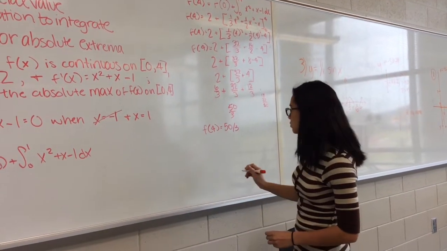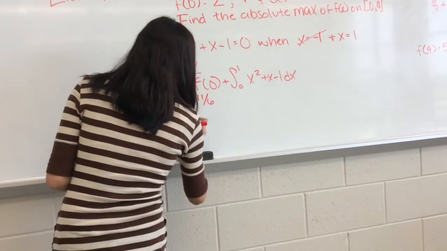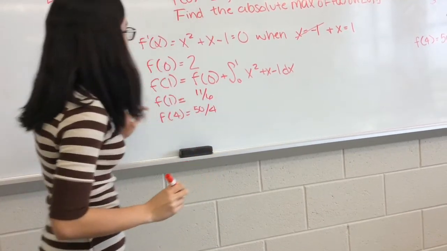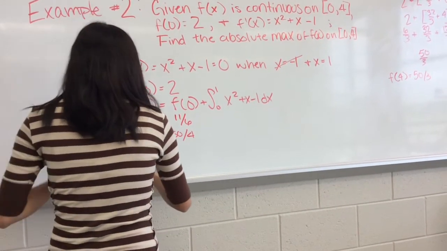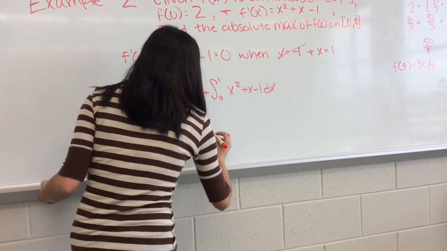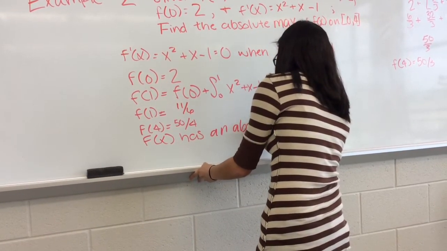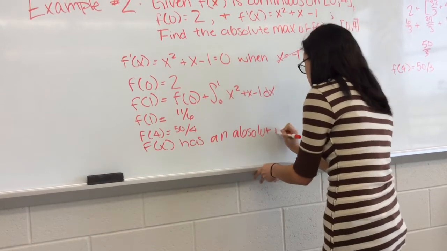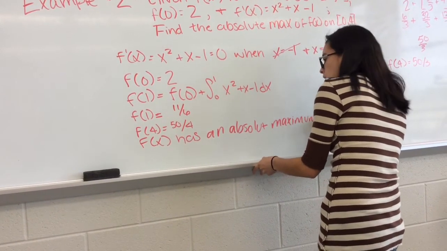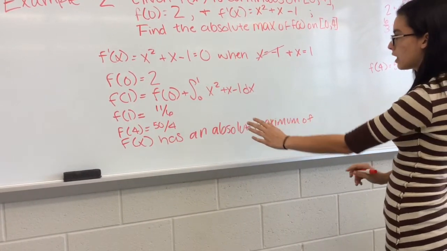And from the values we have found, when we go back over here, we were told to find the absolute maximum. And so we state that f of x has an absolute maximum of, and so we look and we try to see which one's the greatest value.